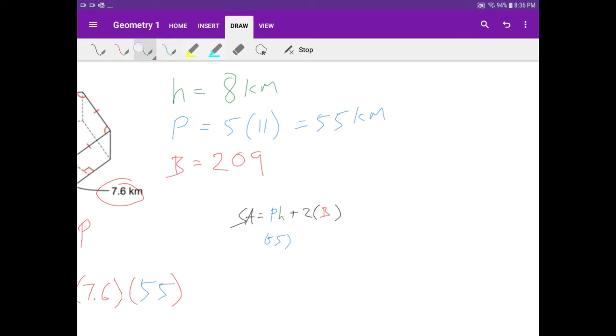The height is 8. Plus 2 times 209. Okay, so 55 times 8 plus 2 times 209. 858 is the answer. Kilometers squared is your answer here.